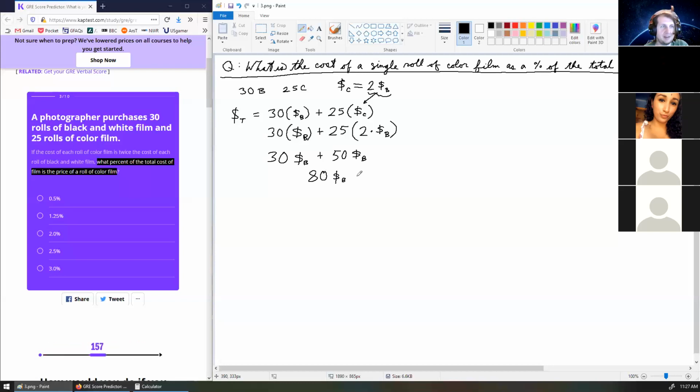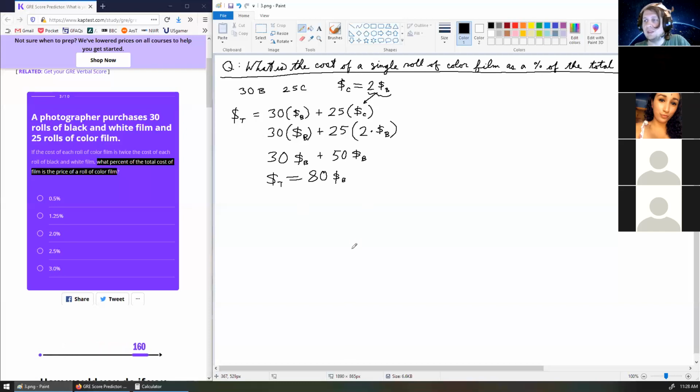All right. So now we want to figure out what is the percentage, right? This tells us what the total order cost. The total order cost was basically equivalent to 80 rolls of black film. Everyone see how we got that?